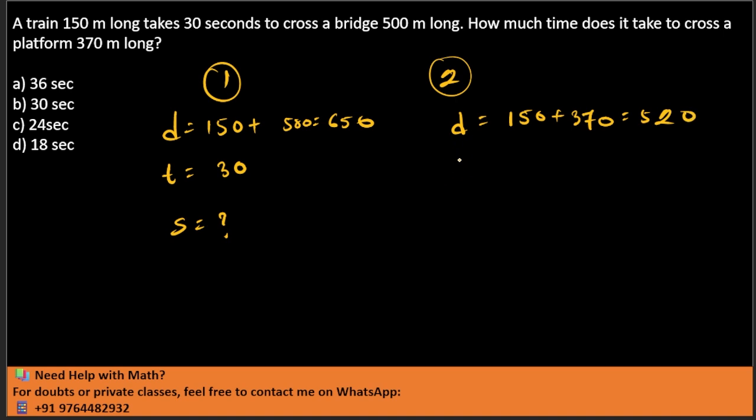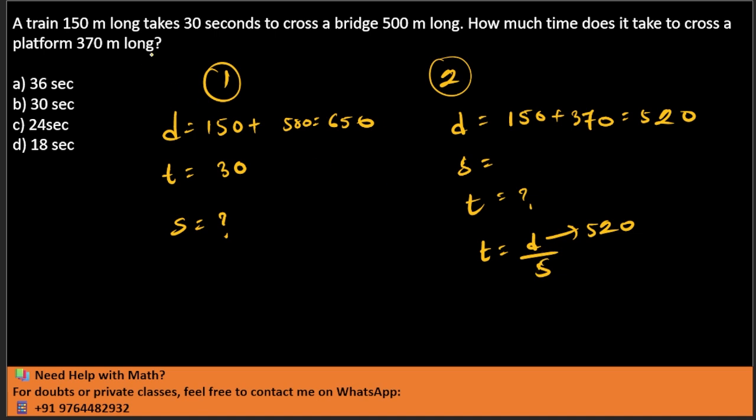And we have no speed, and we have to find the time. So we know that time is equal to distance upon speed. Distance we have 520, but we need the speed.